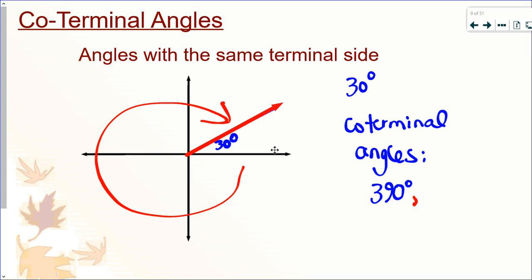Yep, -360 gets us all the way down here. Yep, so it's actually -330 because we stop before we complete the whole circle. You stop 30 degrees short. So 390 and -330 are both coterminal with a 30-degree angle because they both get you to the same spot. It's just like taking a different path.